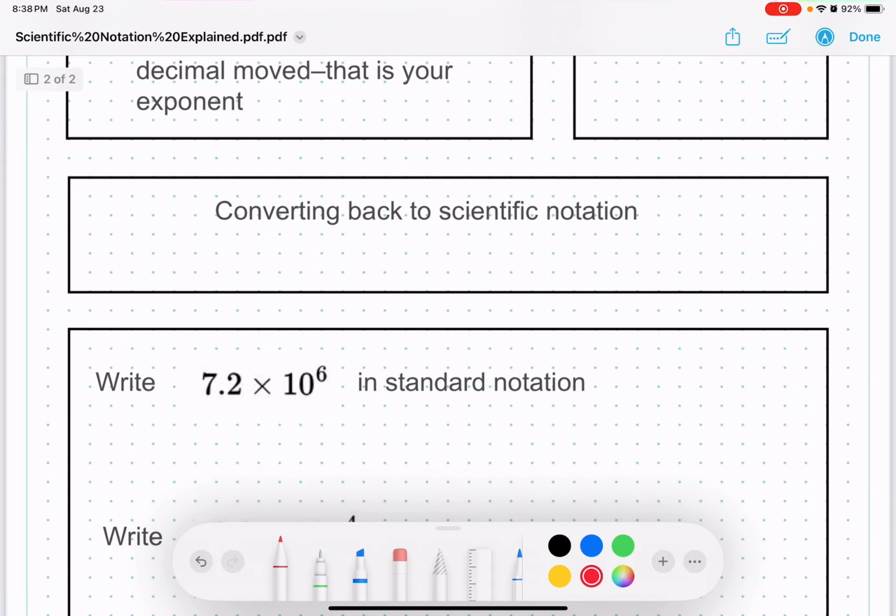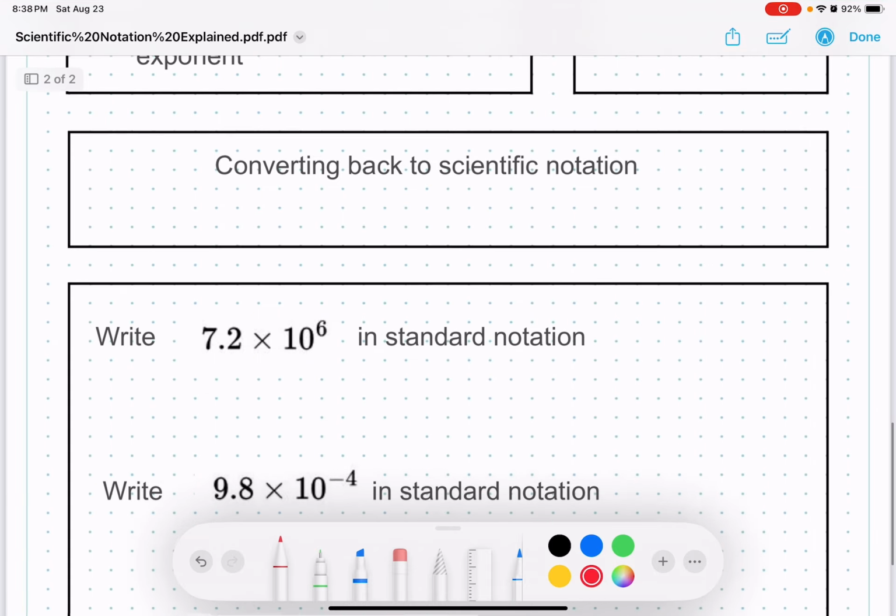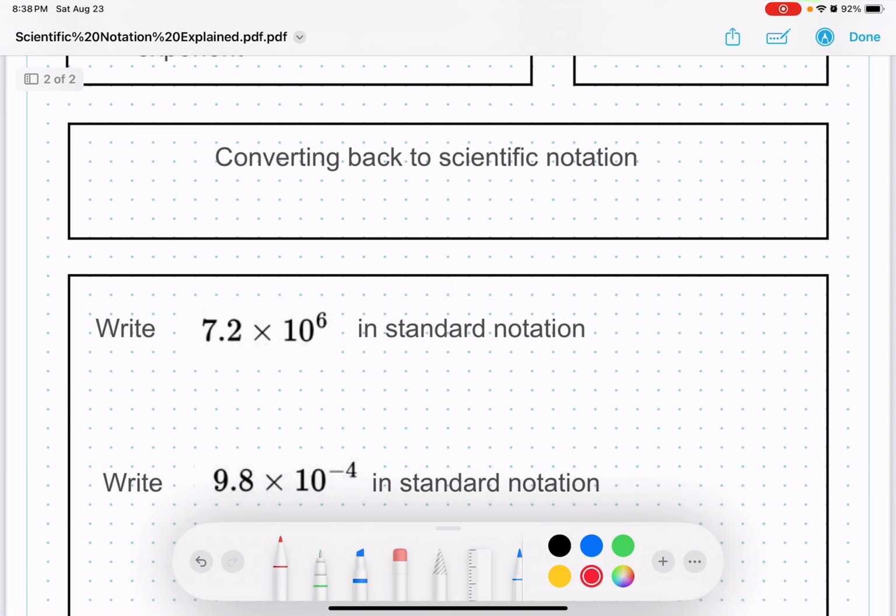So when we want to convert back, we're going to do pretty much the same thing. Write 7.2 times 10 to the 6th in standard notation. So I'm going to have my 7.2, but I want to move my decimal 6 places in the positive direction.